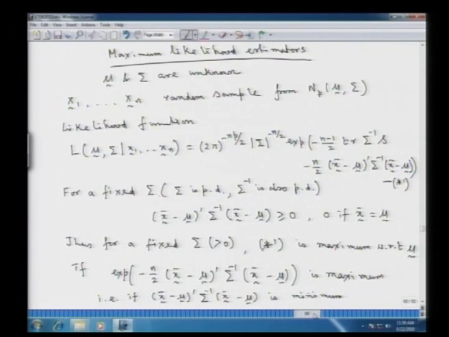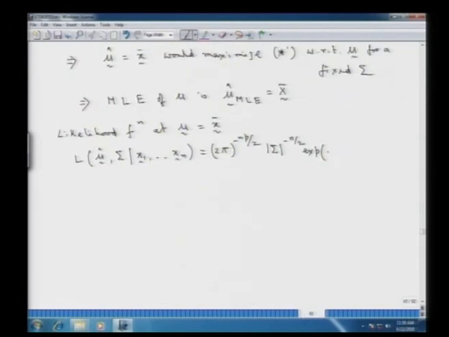So, we will have the exponent given by minus n minus 1 by 2 trace of sigma inverse S. Now, let us write the term 2 pi to the power minus n by 2 for convenience. We write it in the new notation as minus half trace of sigma inverse A, say. What is that matrix A?